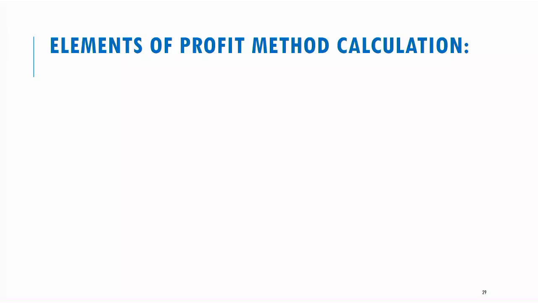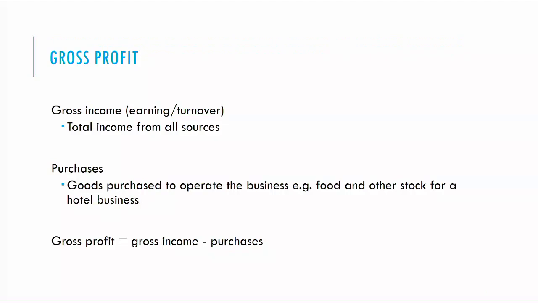So, the elements of the profit method calculation. What are the elements? I'll go through quickly. Again, gross income: total income from all the sources. And then purchases. This is like a business profit and loss account.